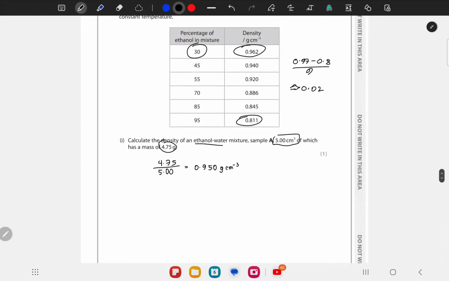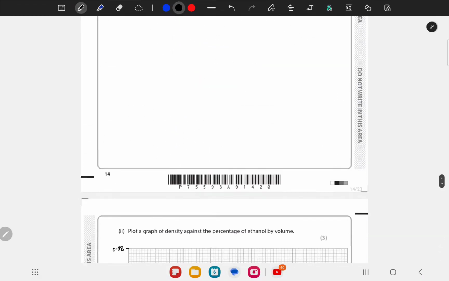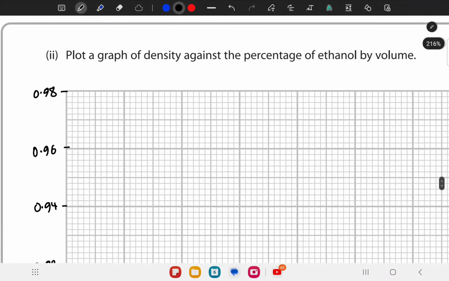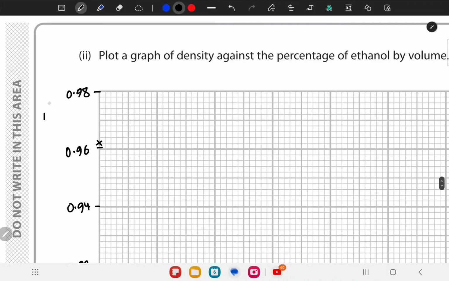Our first pair of values is 30, 0.962. 30 over here and 0.962, so it's over here. 10 small boxes represent 0.02, so each small box represents 0.002. So 0.962 is over here.